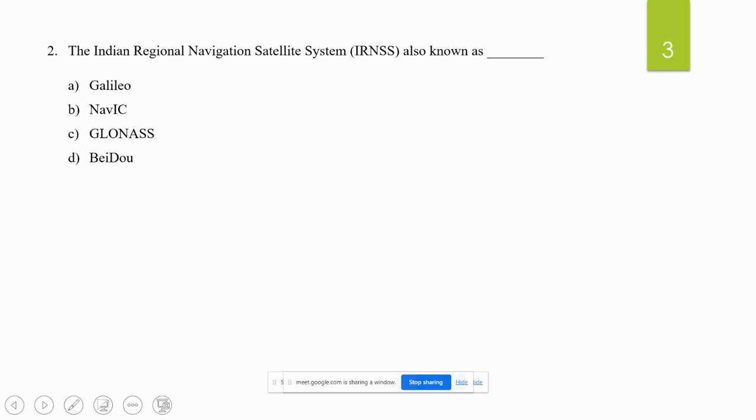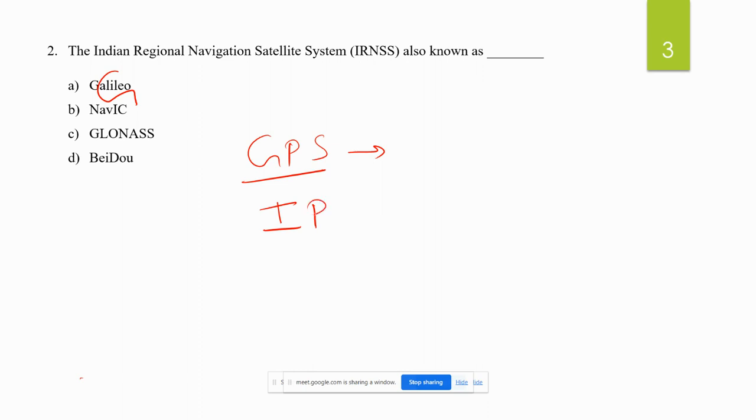Now the second question is the IRNSS satellite, Indian Regional Navigation Satellite System, as it is also known. If you know GPS, it is a constellation of satellites launched by NASA in the US. Similarly, India is also launching a satellite system, that is IRNSS.